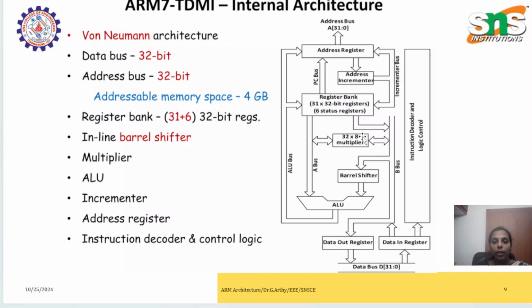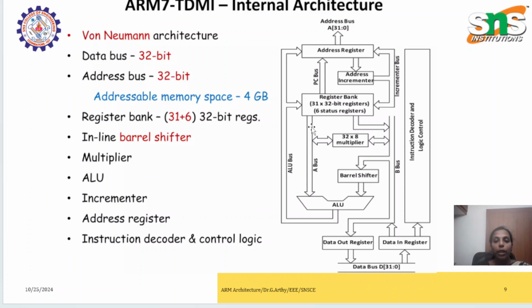So we can see here we have the address bus, data bus, the address incrementer, register bank. Then we have the multiplier. Barrel shifter is used to make the shift operations in a single cycle. And that's why single cycle execution is a special feature of ARM, because of this barrel shifter.